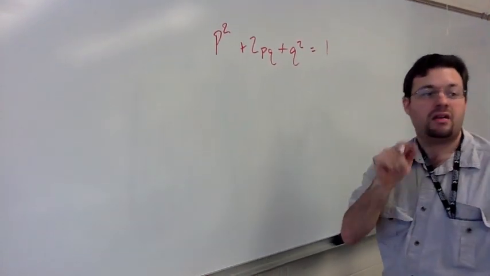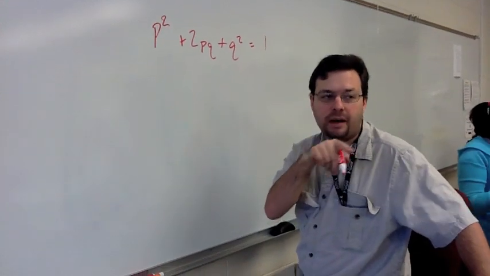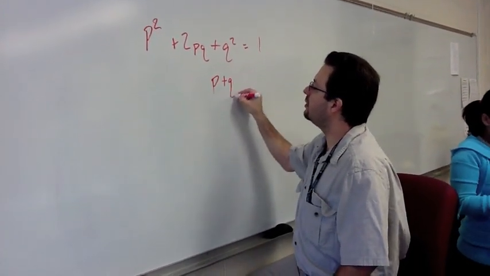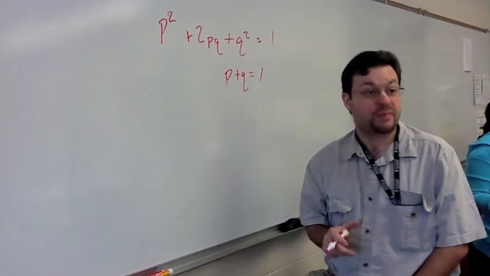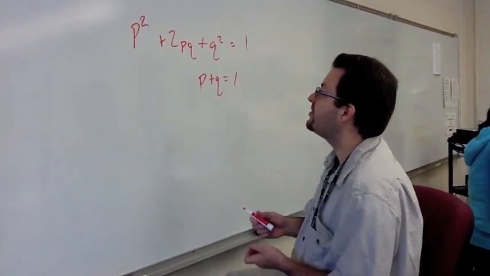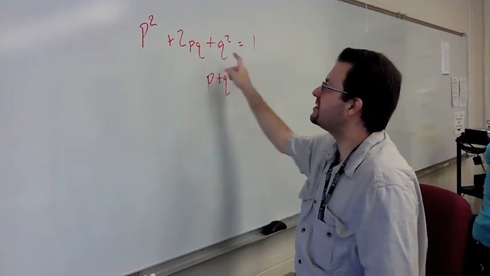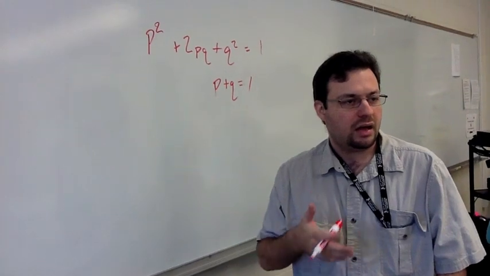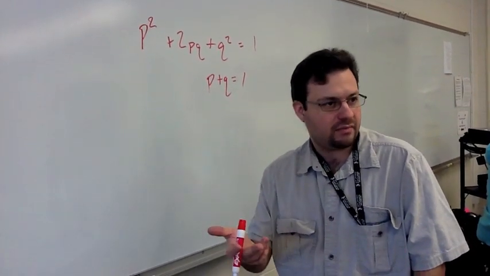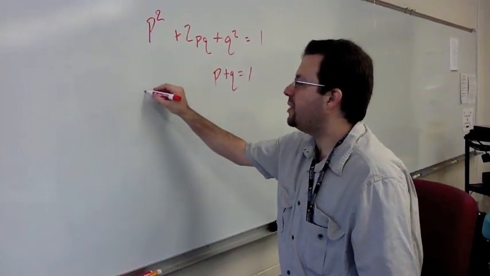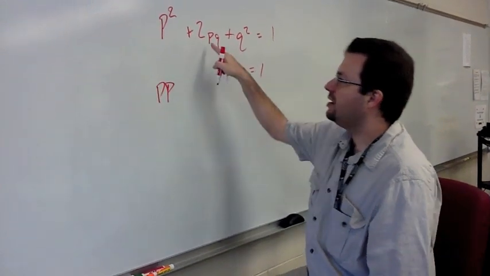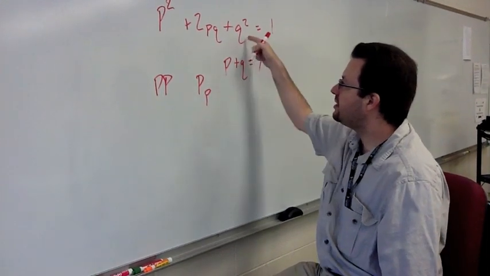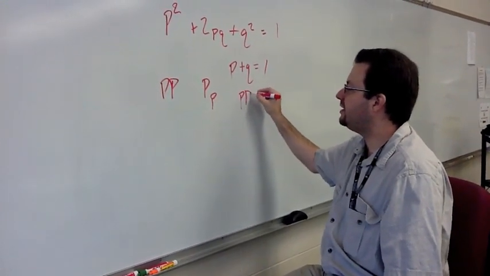Now, the equation that they don't give you in the book, but I'm going to give you right now, will make it a lot easier to do calculations. The way this is set up, P squared is your homozygous dominant genotype, so that would be big P, big P. 2Pq is big P, little p, and then Q squared is little p, little p.